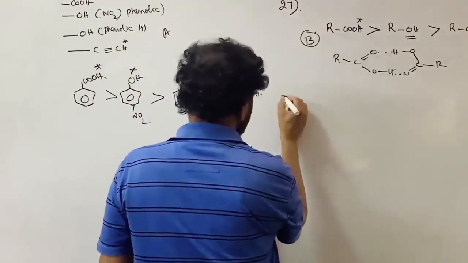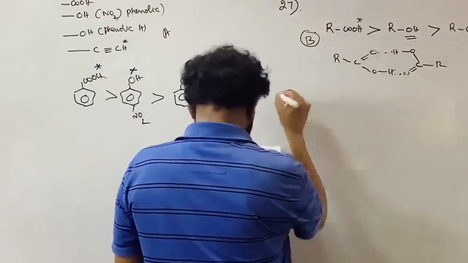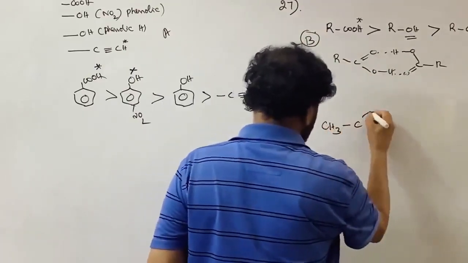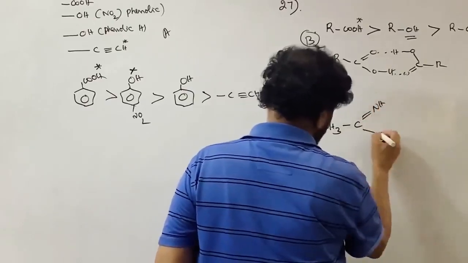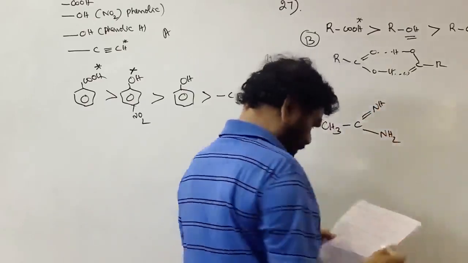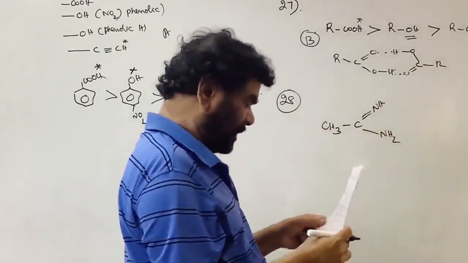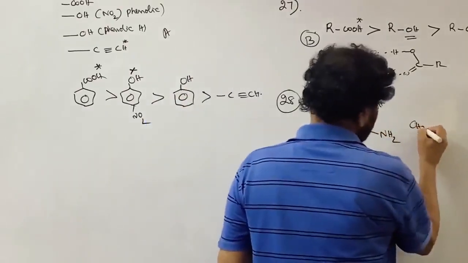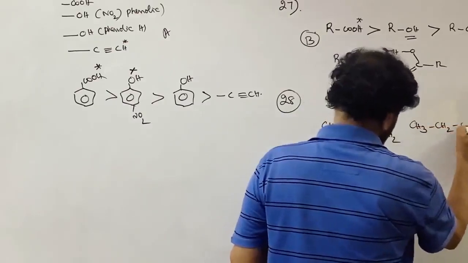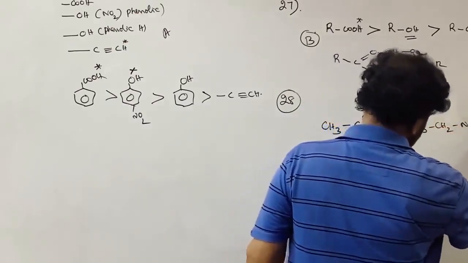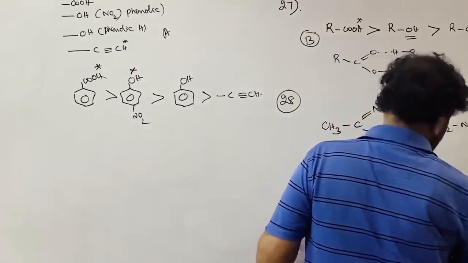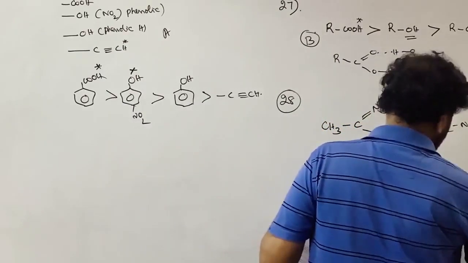For the 28th question, different bases are given, asking for the relative basic properties. There is a primary amine CH3CH2NH2, a secondary amine, and a simple amide.